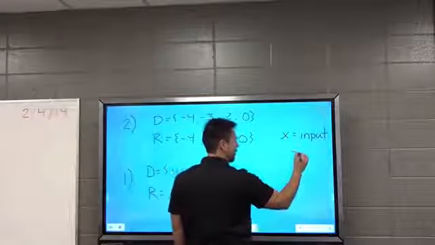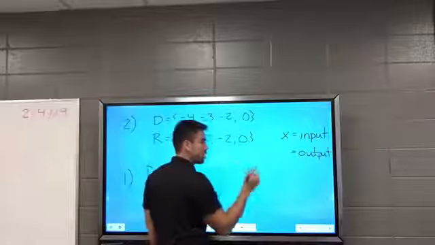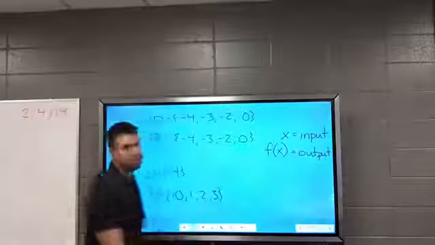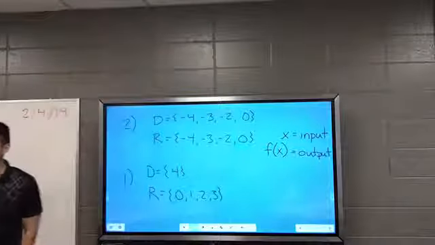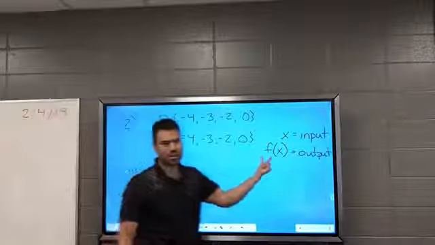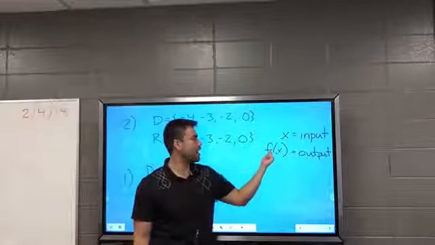But what's the output? Okay, this is something we're going to look at tomorrow. Write this down. Has anyone ever seen that before with the f and then parentheses with x inside? It's weird. This is how you state it, f of x.